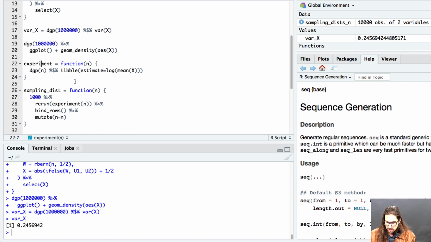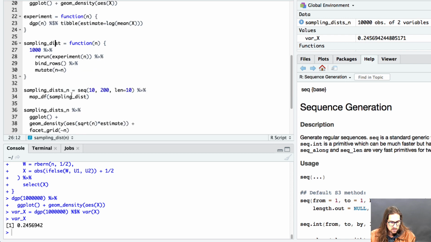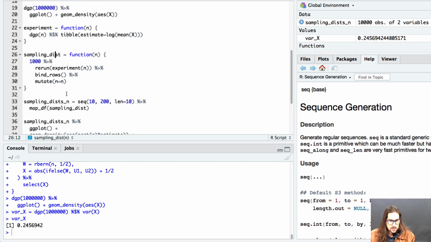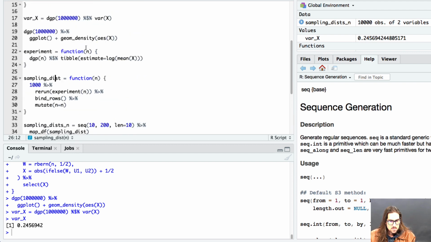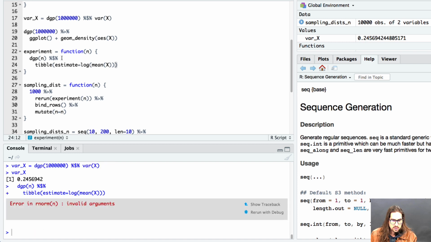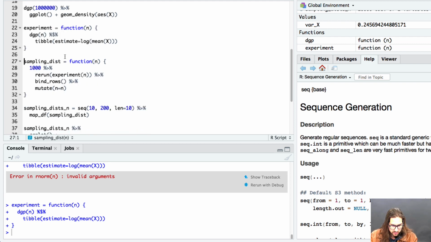So now we can do this same thing. I think nothing should change here. Great. So here I have my estimate, the log of the mean of x. No, I'm sorry. Let's just do it like this.